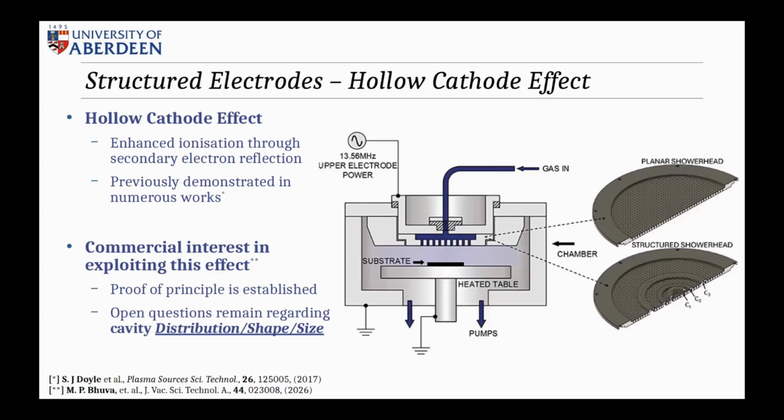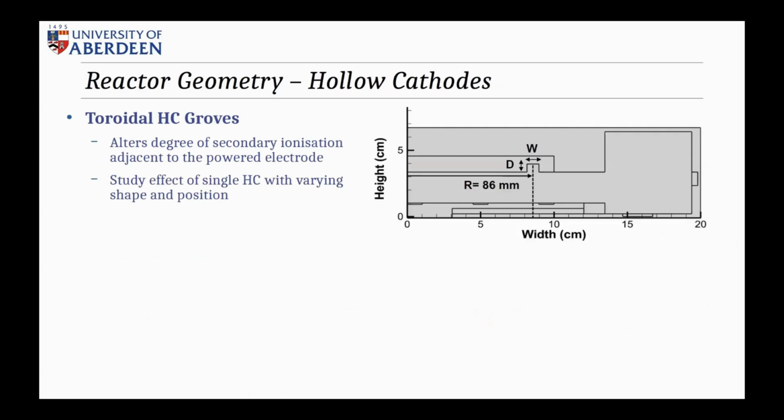So there are many open questions regarding the cavity distribution, shape, and size, however, and again, this was highlighted. The parameter space here, just with the distribution, shape, and size of these holes is massive. Keep in mind, this is only for one gas in one process, for one material, and this is already a huge parameter space for just that one thing. Massive.